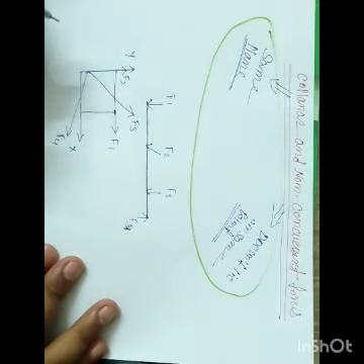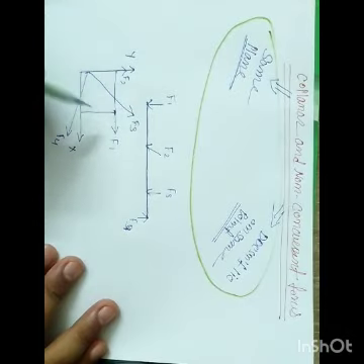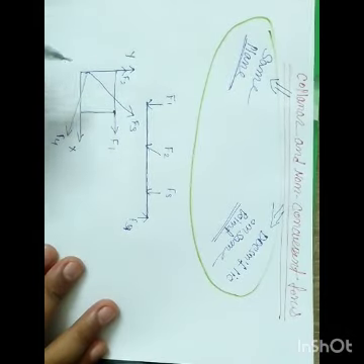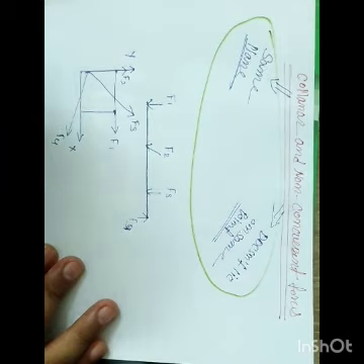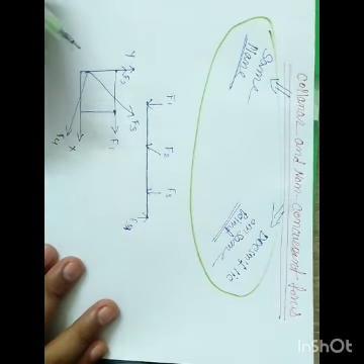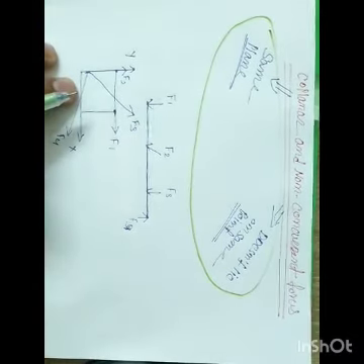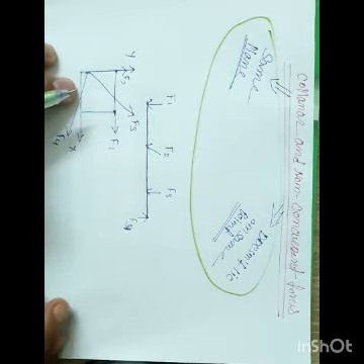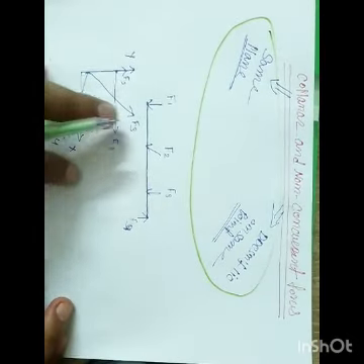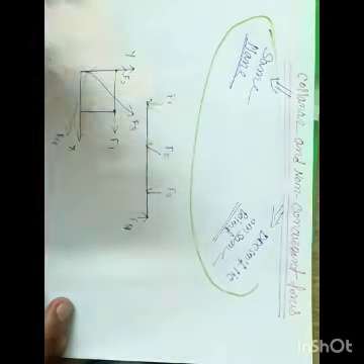If you observe, F1, F2, F3 and F4 are on the same plane, that is on the same block, but F1 is generated from here, F2 from here, F3 from here and F4 from here. It means these forces are not concurrent, not lying on the same point. So these are coplanar and non-concurrent forces. Whenever problems like this come, such as beam problems, those are cases of coplanar and non-concurrent forces.